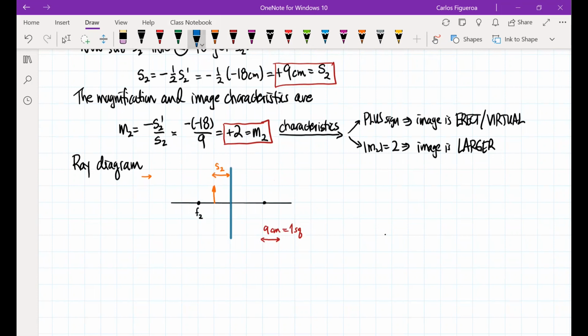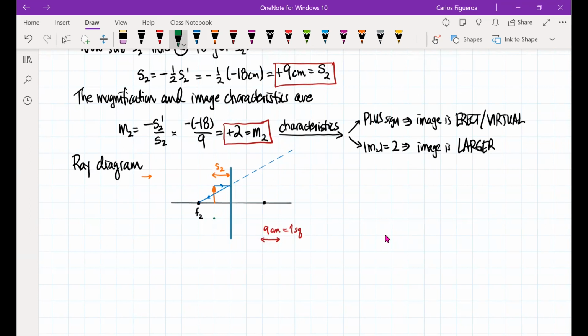Now let's draw my ray diagrams. So my central ray diagram goes like this. I go parallel to the axis, and then it has to go through the focal point. Now, because the object is inside, I follow the rays backwards. So my ray goes like this, and then it goes out that way. Now I need to find the opposite of that image.